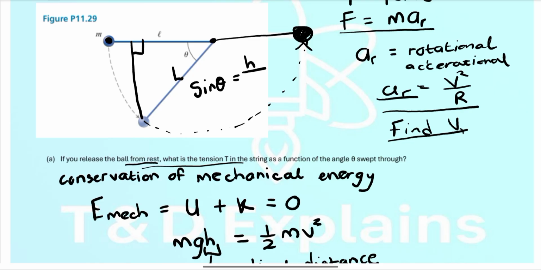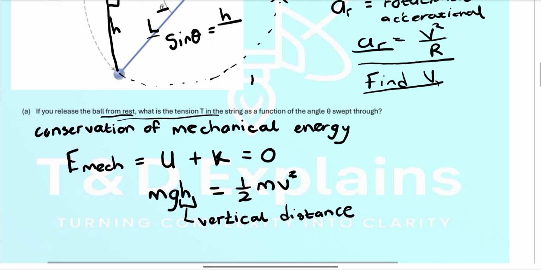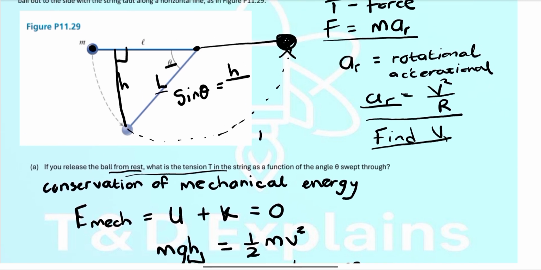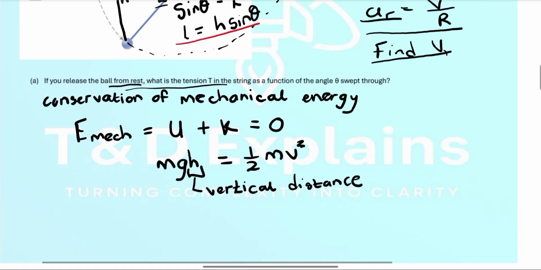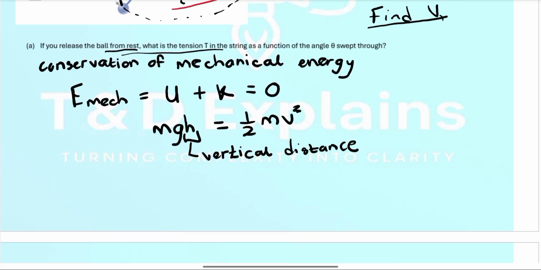And this is h. So sine of theta is equal to h over L.